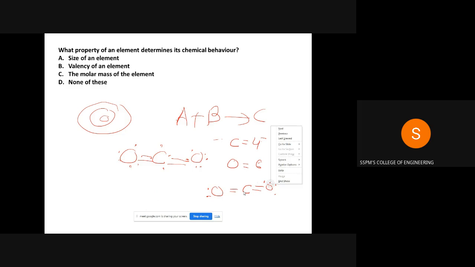So this is the structure of carbon dioxide, which contains C double bond O and C double bond O. Carbon has no remaining electron because its 4 electrons are shared with oxygen. So a stable product is formed. Hence, this property is related to chemical behavior.